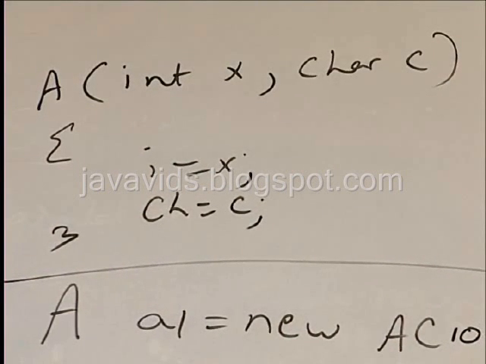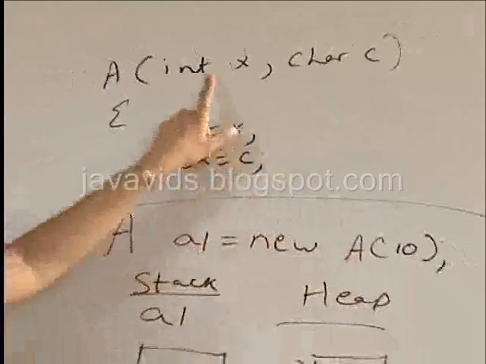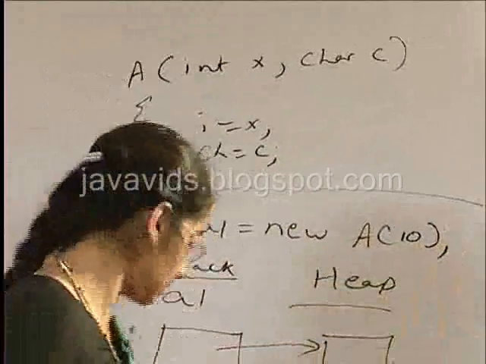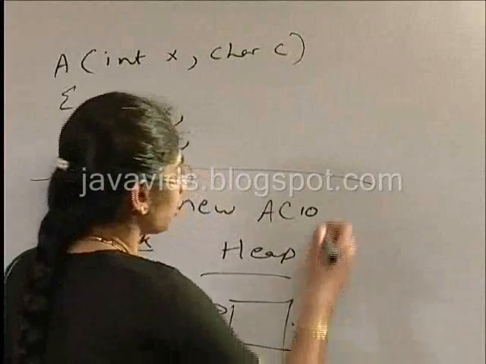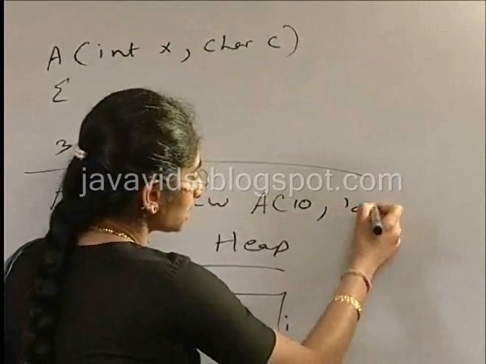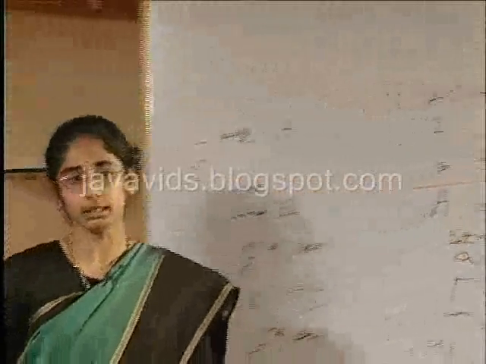So now there are two ways of creating an instance of this class, either by passing an int value while you are creating an instance, or by passing an int comma the character value. So depending on the type of parameters that you are passing when you create an instance of a class, the appropriate constructor will be called.